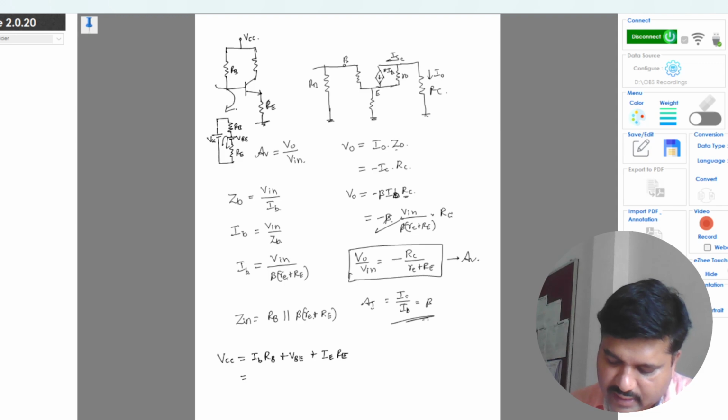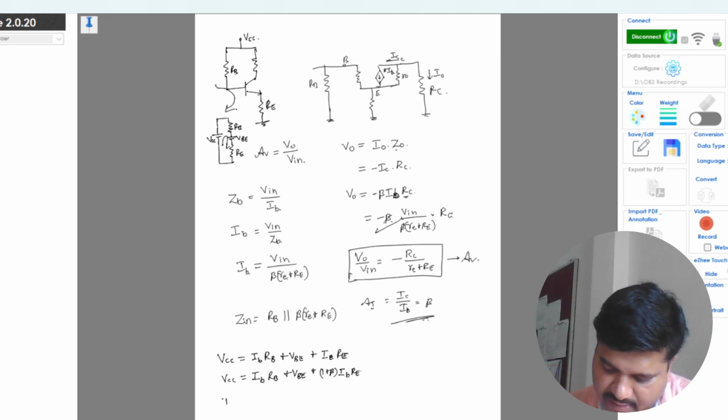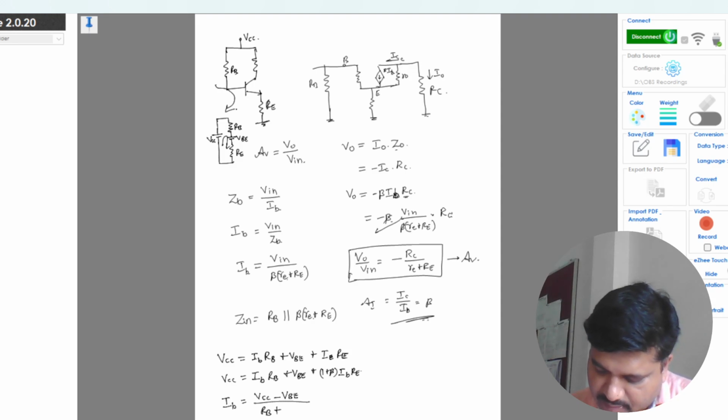Okay, so here I need an expression for IB. So this is IB into RB plus VBE plus (1 plus beta) times IB into RE. So IB is equal to VCC minus VBE divided by RB plus (1 plus beta) times RE.